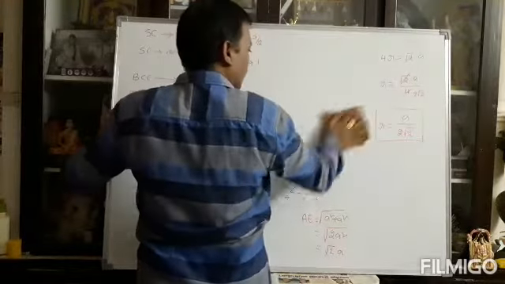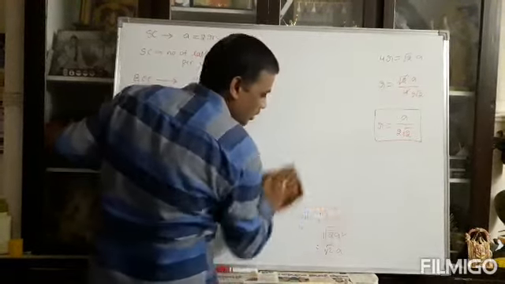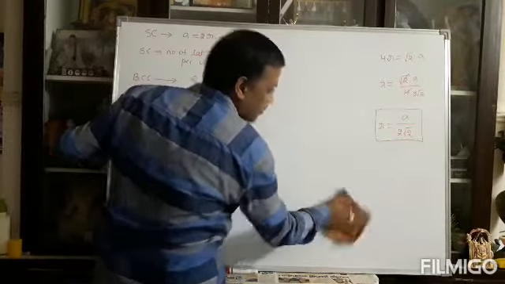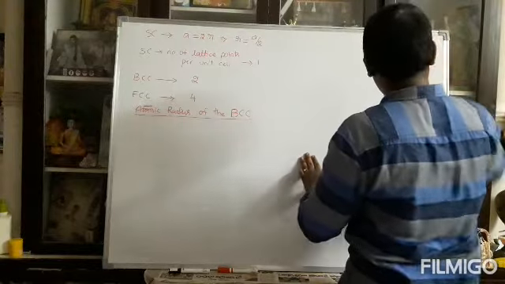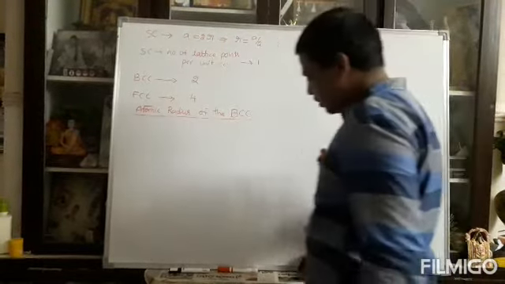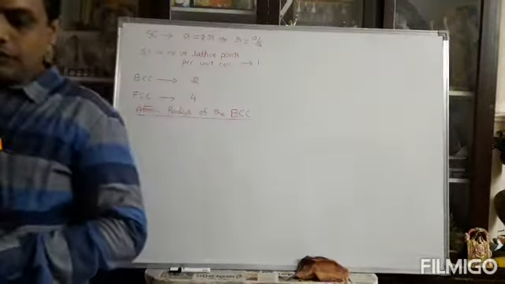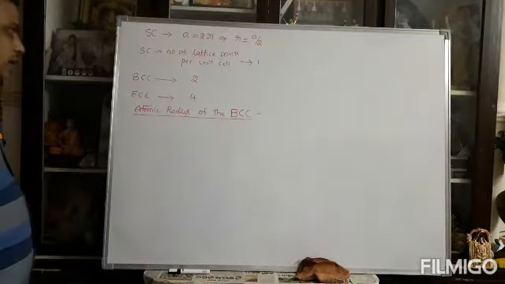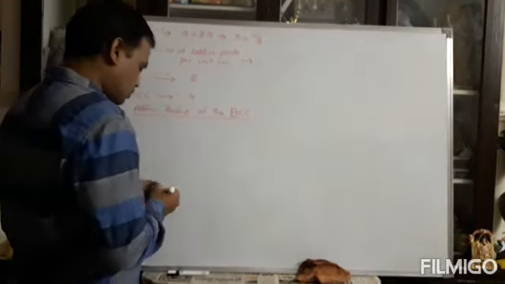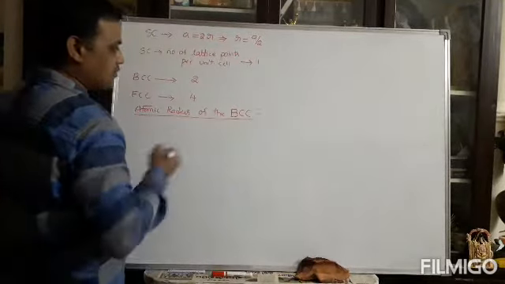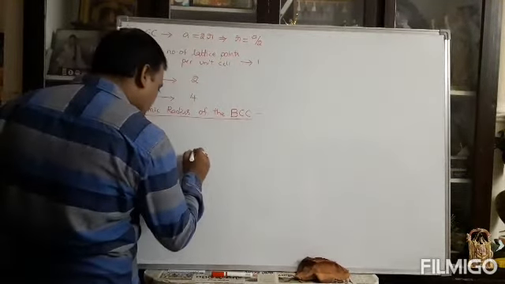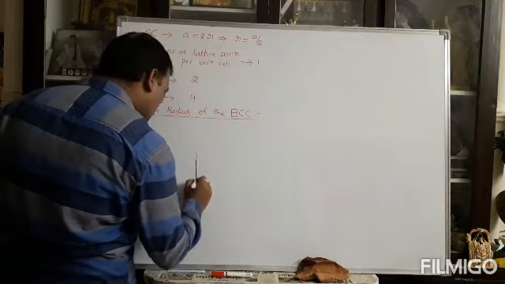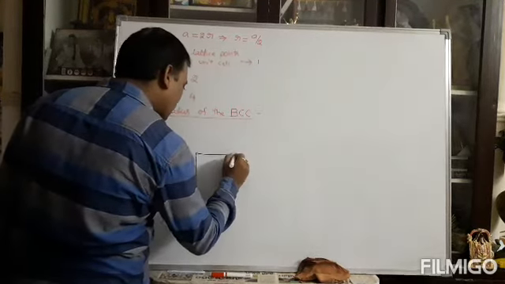Here you take the distance covering the entire body centered atom with the lattice corners. First of all, you can draw the body centered cubic structure. The body centered cubic structure is nothing but first of all a simple cubic structure. So I am drawing first a unit cell, a complete unit cell.